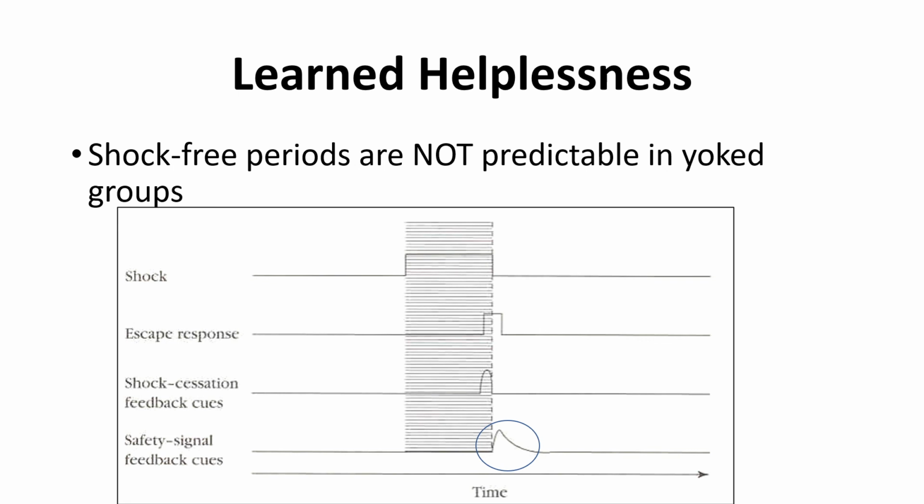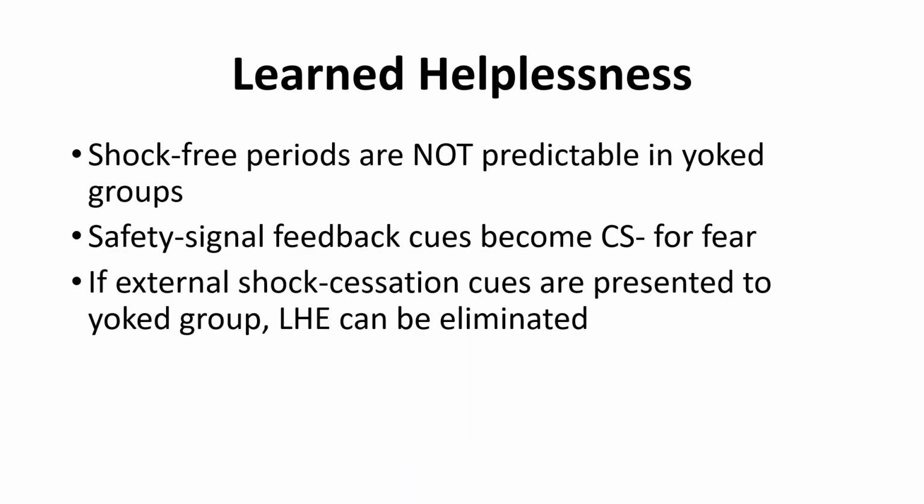So looking at things like PTSD, where people have lots of things that they would like to be able to escape, but if they have this learned helplessness, they don't get that relaxing or safety signal after the stimulus has ended. So the difference between controllable and predictable aversive stimuli versus uncontrollable and unpredictable stimuli is very, very important for things like this.